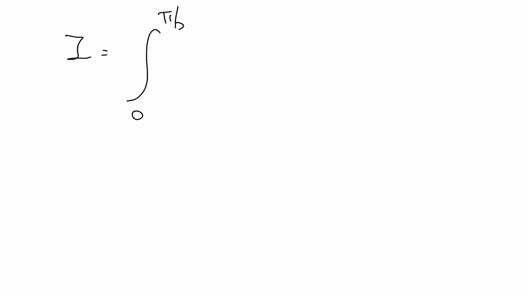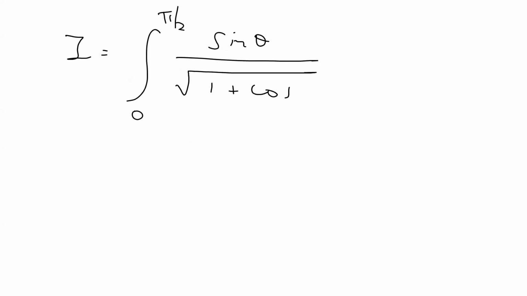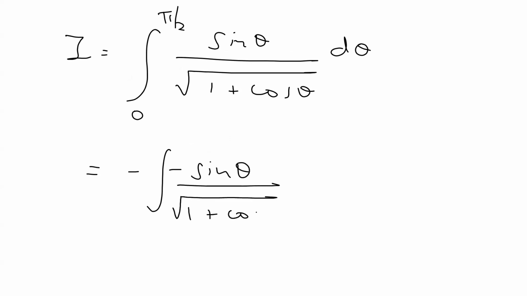0 to pi by 2 of sin theta upon 1 plus cos theta d theta. Now you can put 1 plus cos theta as t, or you can also do this, multiply and divide with minus. This is f dash theta because the derivative of cos is minus sin.